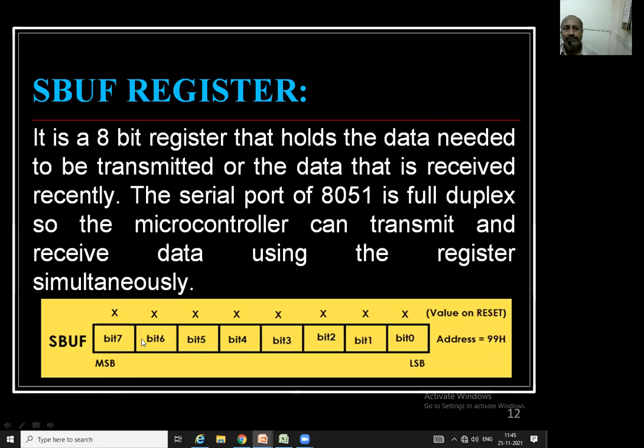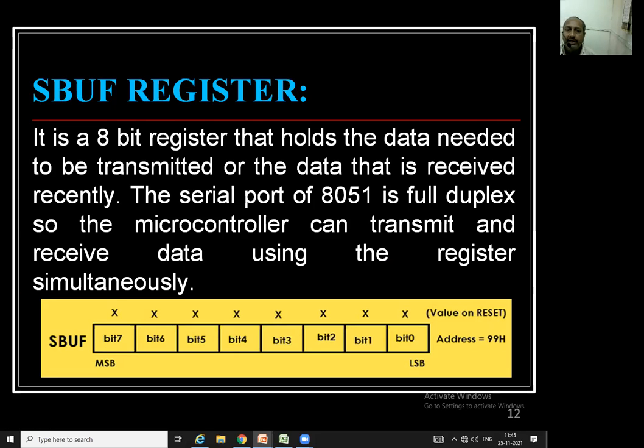So SCON register we have seen. The next related register is the SBUF, which is the buffer register, which has the capacity of 8 bit. When transmission or reception is going on, the data first goes into SBUF. The transmitter end is different, and reception is different. If we take the 8051 as transmitter, then reception is in the computer; if the computer is the transmitter, then the 8051 is the receiver. Like that the communication is going to happen, and the SBUF will be available in both.